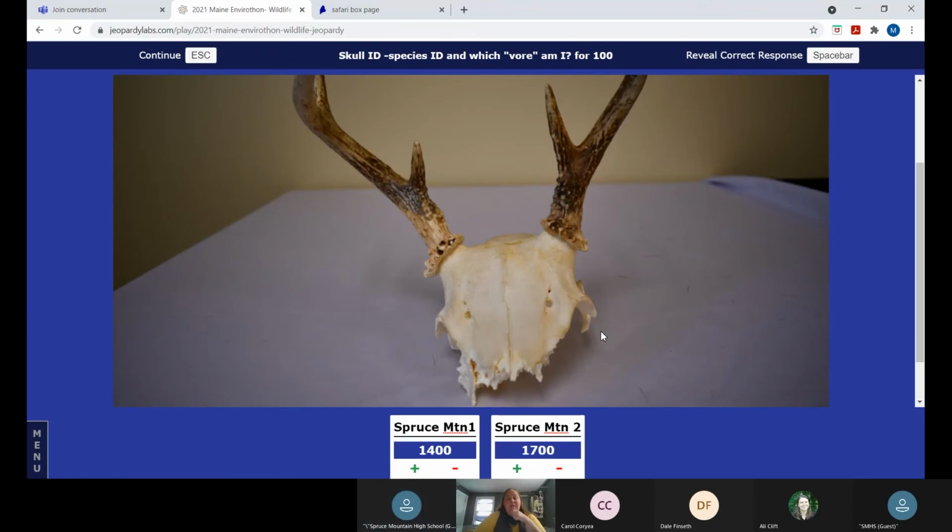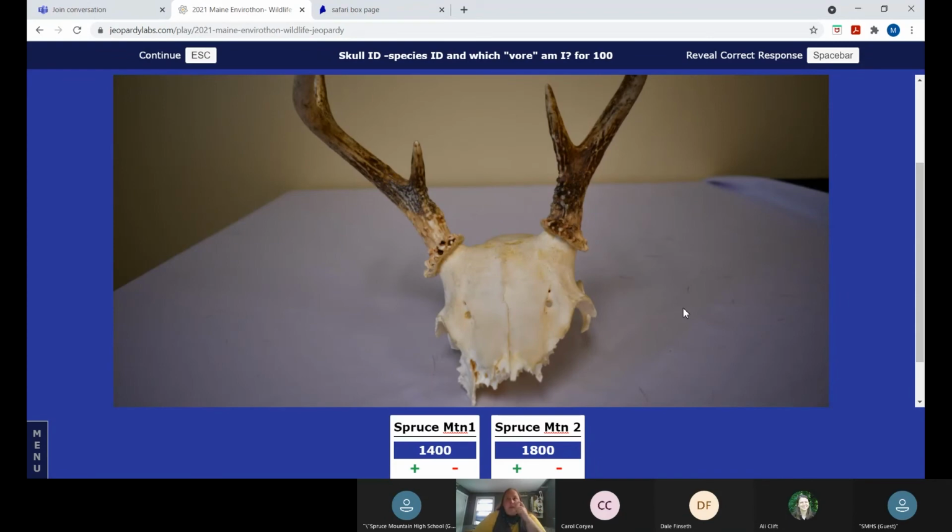Now there are occasionally female deer that do sport some very short antlers, but in general, it's the males that have the antlers. That's used during the breeding season for fighting with other males. They also have scent glands at the base of the antlers.